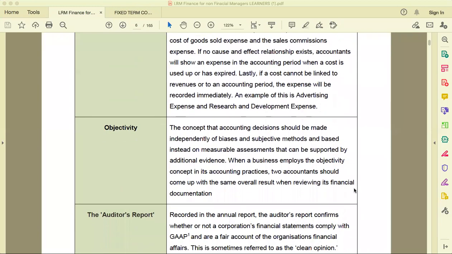Then we've got something called objectivity. Now, we always need to make sure that there is someone who only focuses on the actual money coming in and money coming out, and that they don't have an emotional attachment to the business. That's why we get people like accountants from outside of the business, so to show us that that is fair, so that we don't overestimate things, or we don't underestimate things.